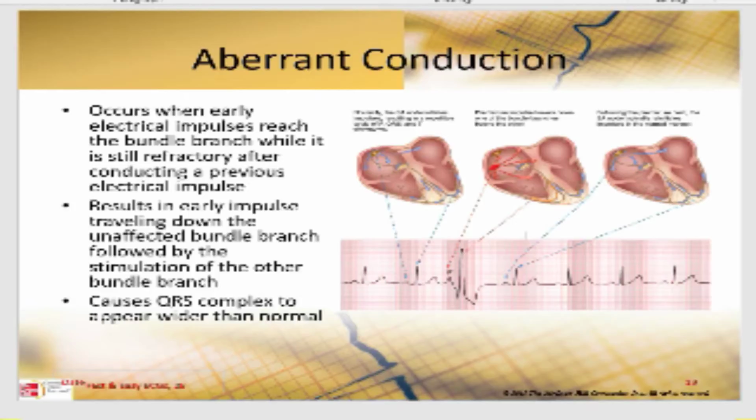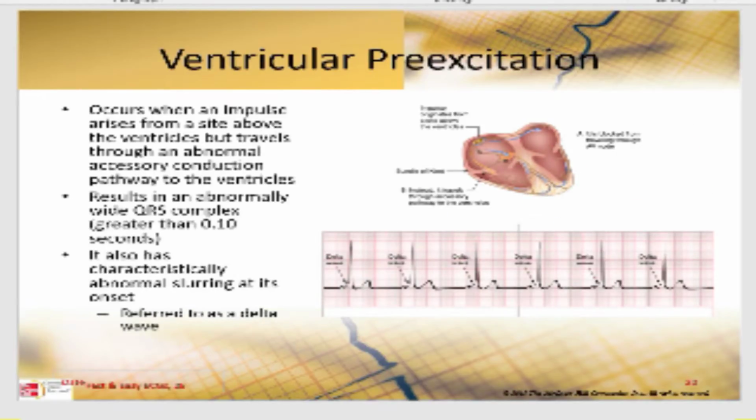So spend some time looking at this and reading about this in your book. Ventricular pre-excitation usually has an abnormal slurry look at the onset, and you can kind of see that in that diagram. We refer to that as the delta wave. So go back and read about your delta wave.